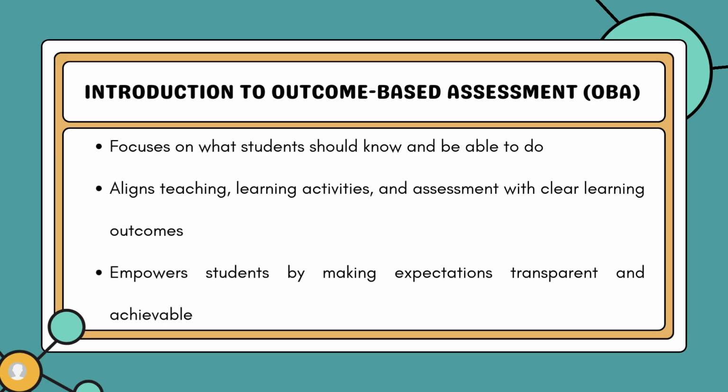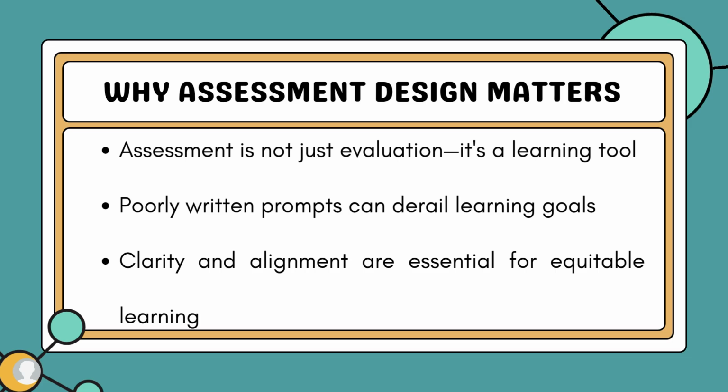This ensures that students are practicing and being tested on what really matters. When expectations are transparent and achievable, students feel more confident and motivated. Clear goals, feedback, and examples help them understand how to succeed and take ownership of their learning. In short, aligning teaching with clear outcomes empowers students and makes learning more focused and effective.